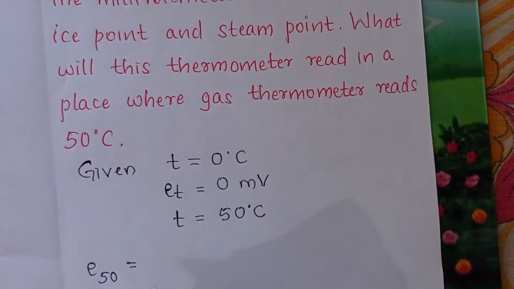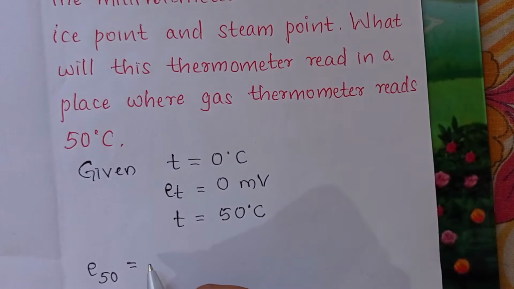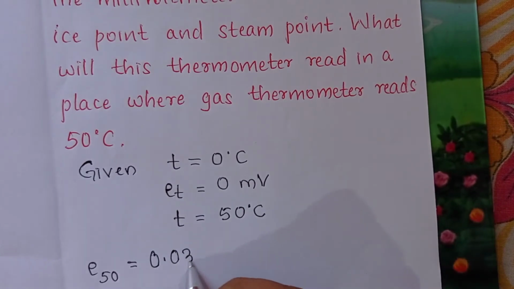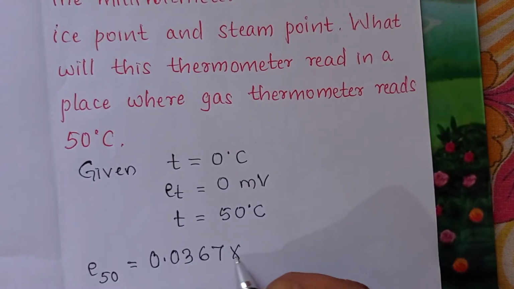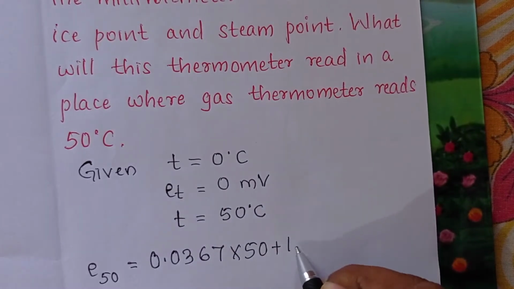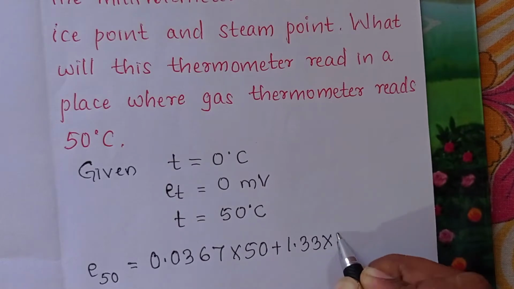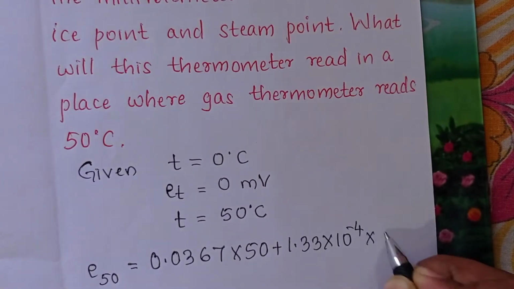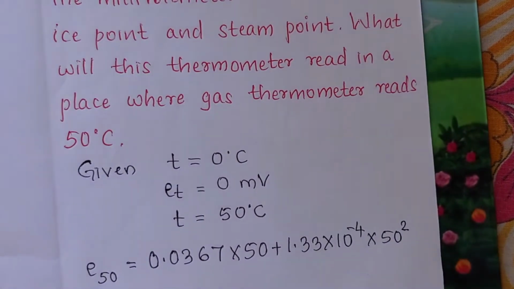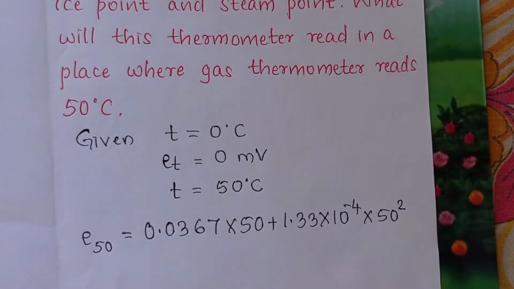We know the governing equation, that is E is equal to 0.0367 into T, which is 50, plus 1.33 into 10 to the power minus 4 into T square, that is 50 square. I have directly written the governing equation here.